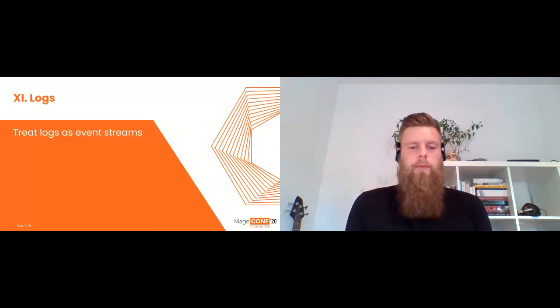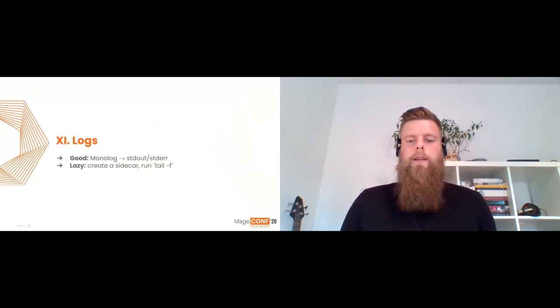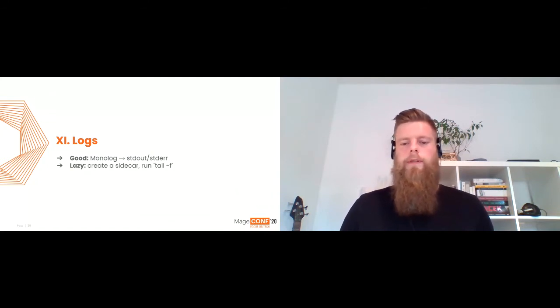For number 11, we want to treat logs as event streams. This is again very important. This allows us to get logs from all containers in Kubernetes. So the logs, in order to be saved and processed, need to make it to standard out or standard error, because that's where all the tools expect the logs to be.